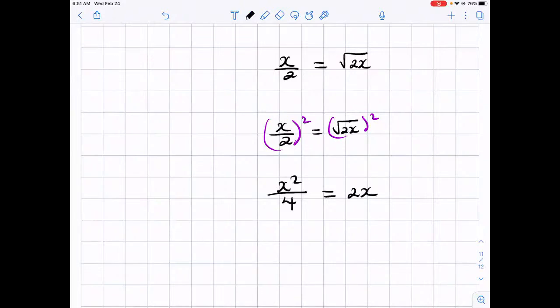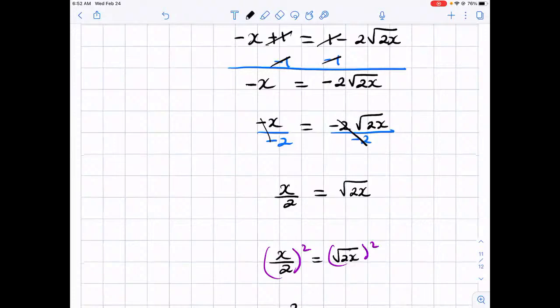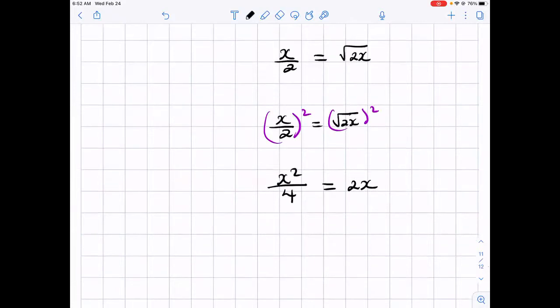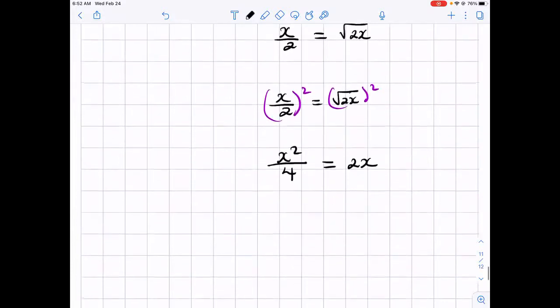Okay? X squared over 4. Now, you have a fraction here, and to get rid of the fraction, you can multiply both sides by 4.